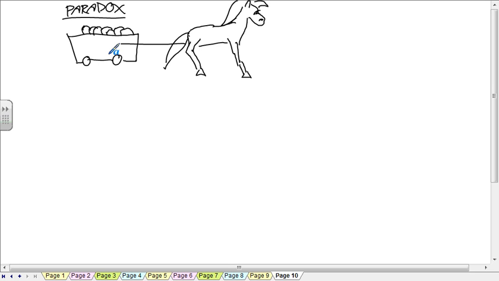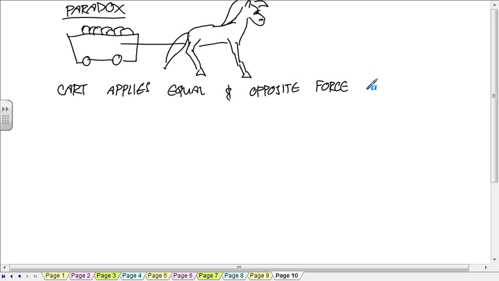So let me write. The cart applies an equal and opposite force to the horse, and they can't go anywhere.